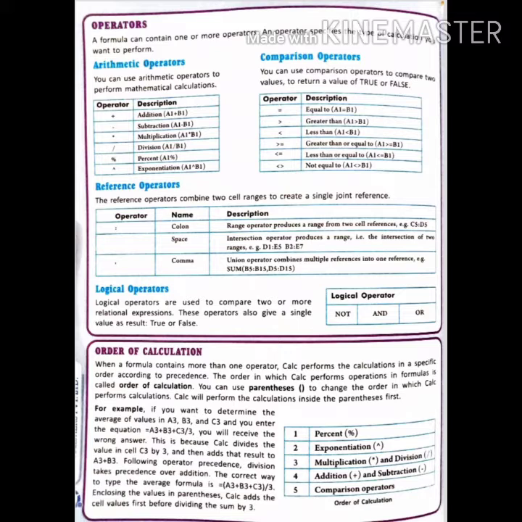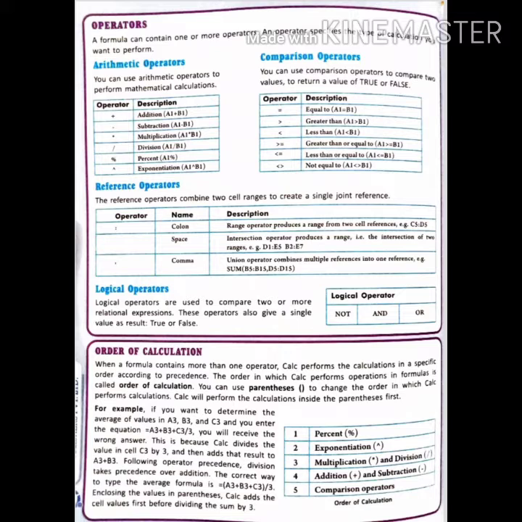Space, intersection operator, produces a range that is the intersection of two ranges, example D1:E5 B2:E7. Comma, union operator, combines multiple references into one reference, example SUM(B5:B15,D5:D15).